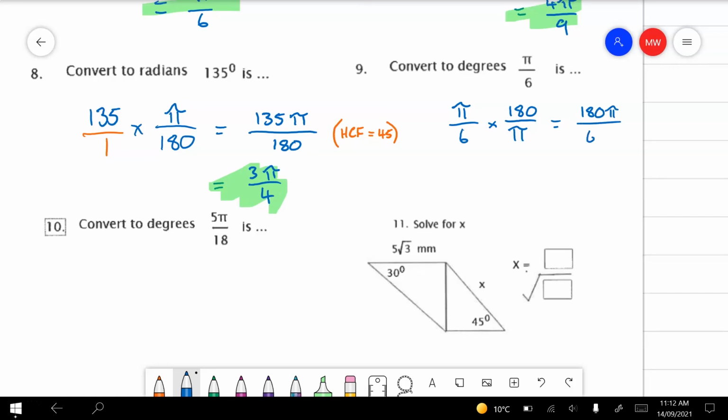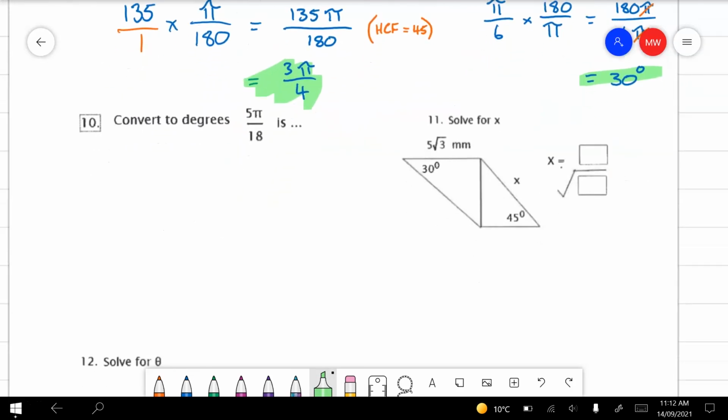Bottom times bottom gives you 6 pi. Highest common factor here looks like it's going to be 6. 6 goes into 180 30 times. The pi's eliminate one another, so your final answer is 30 degrees. Don't forget your units, that's quite important in this question.